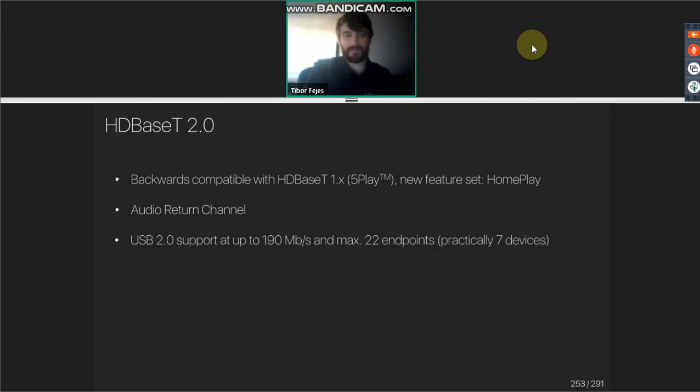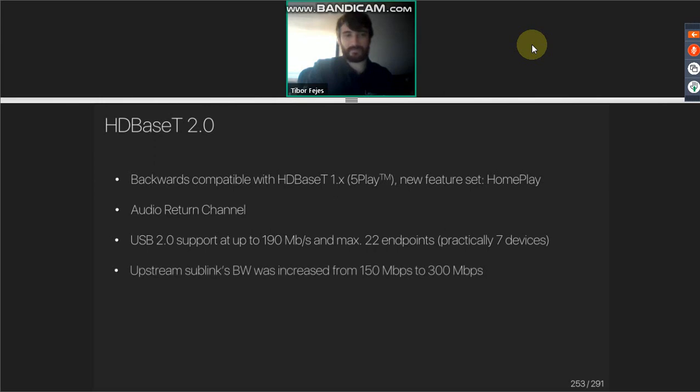So there's a newer version of HDBaseT being worked on. This slide's a little bit out of date because we're looking at HDBaseT 3.0 at the moment. So 2.0 would be backwards compatible with 5-play, a new feature set called HomePlay, also supporting the audio return channel and USB 2.0.